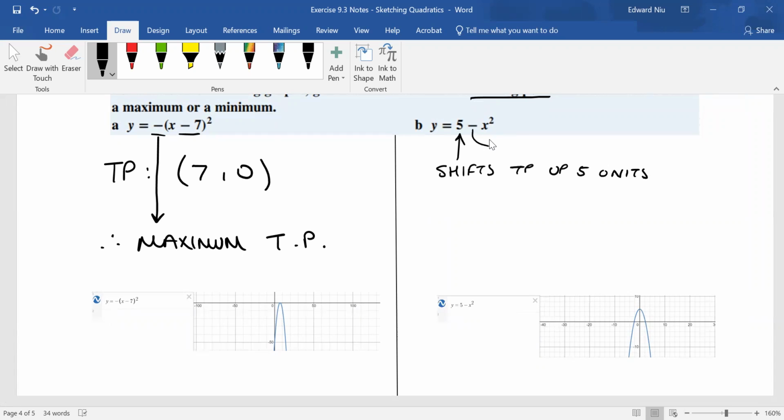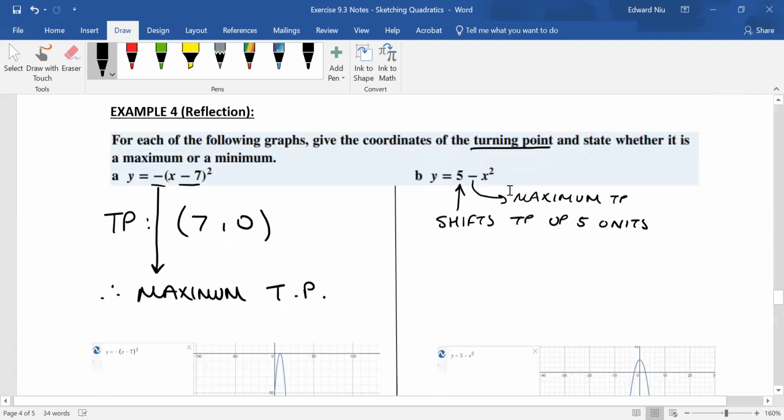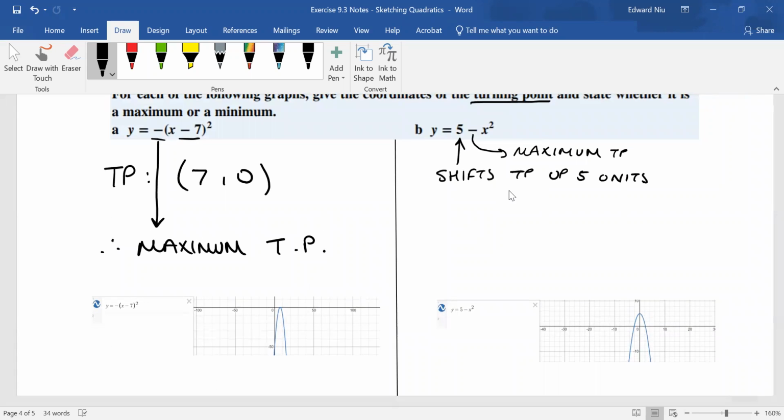All right, the negative here will imply we've got an inverted or a maximum turning point. And so let's write unhappy face.